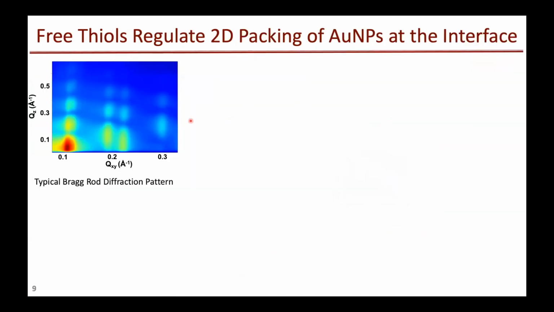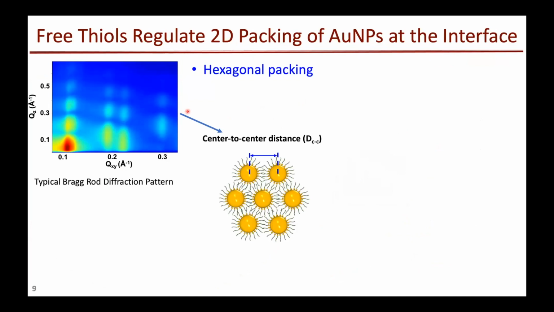So here we show a typical Bragg rod diffraction pattern for these gold nanoparticles. It shows that these nanoparticles self-assembled into 2D crystallines at the air-water interface with a hexagonal packing. And we can determine the center-to-center distance of the nanoparticles.